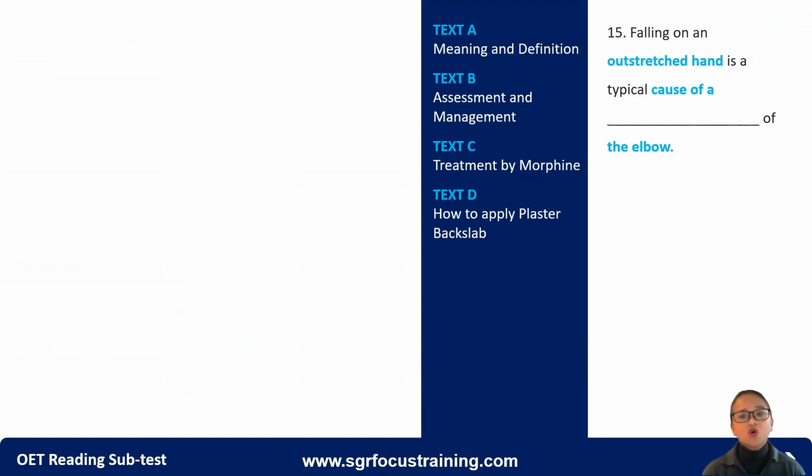So that means if it's cause, we're going to find it under text A because, if you remember what I said earlier, the majority of the meaning in the definition text will include or sometimes include causes and triggers as well as types, classifications, or criteria. And we know for a fact, it's a very short text, easy to remember, that there are two types in here under the fracture. So there might be cause information as well.